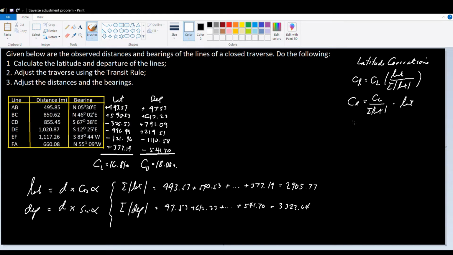Okay, so for CL of line AB, that will be the total misclosure in latitude 16.81 divided by the sum 2,905.77 multiplied by the latitude, which is 493.57.